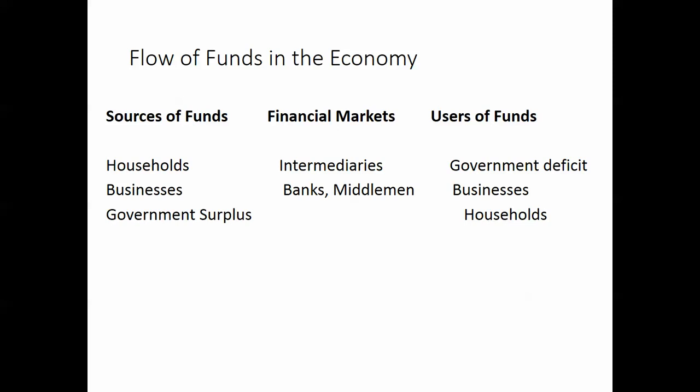Financial markets like intermediaries, banks, and other middlemen are those that will take deposits or investment from households, businesses, government surplus, and then loan the money to the users of funds like government deficit. When the government borrows money, it may be in the form of treasury bonds. Okay, a treasury bond is when an individual citizen can buy a treasury bond.